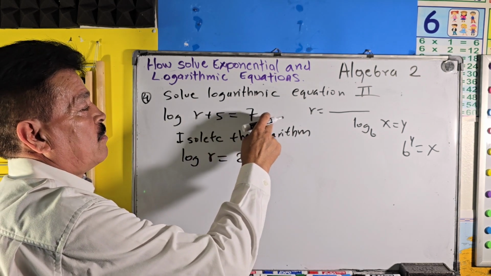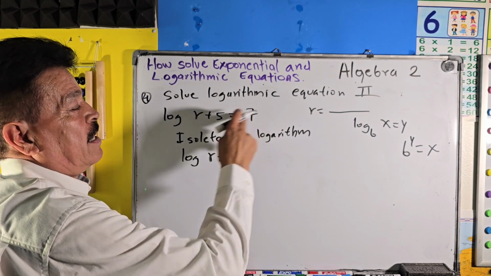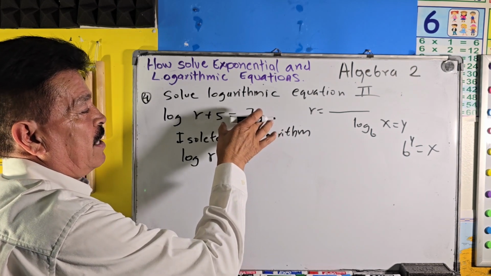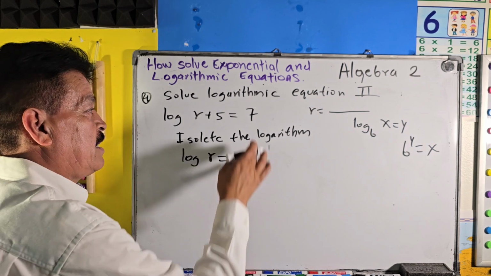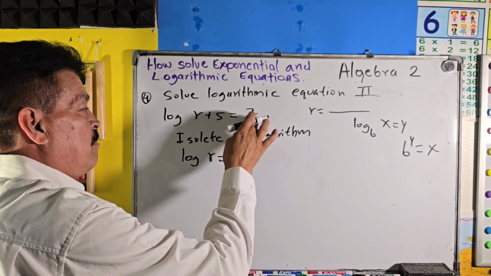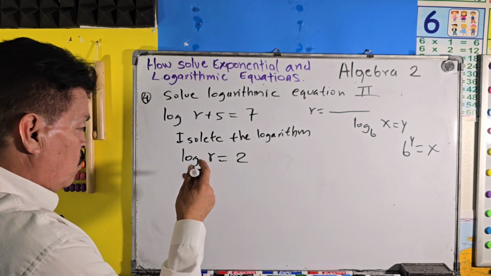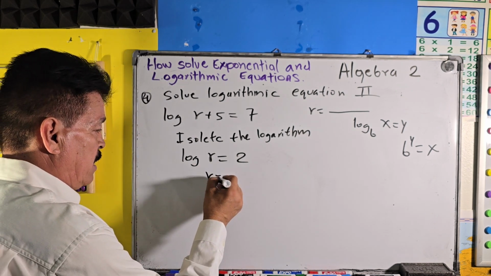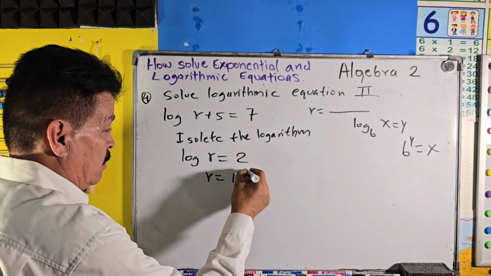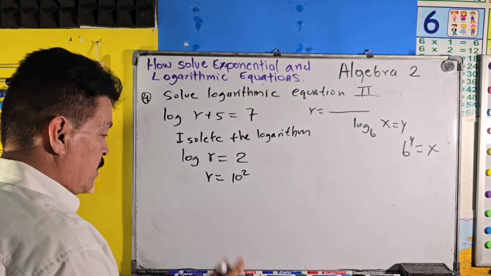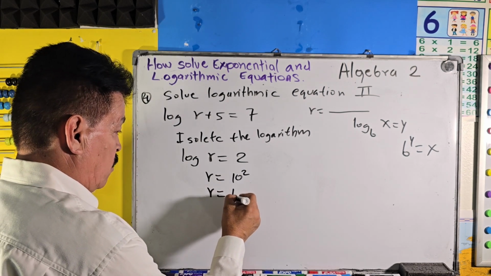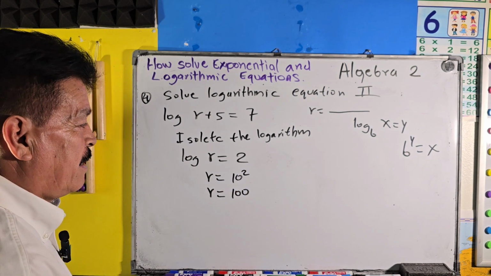When you move it to the right side, it becomes a subtraction. So we subtract 5 from both sides. 7 minus 5 equals 2, right? Then just write r equals 10 to the second power. So in this case, r equals 100, right?